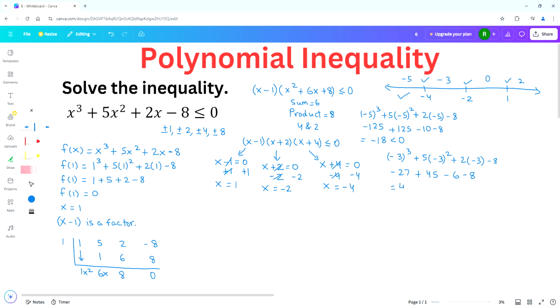I get 4, which is greater than 0. Therefore, the inequality is not satisfied in the interval from -4 to -2.